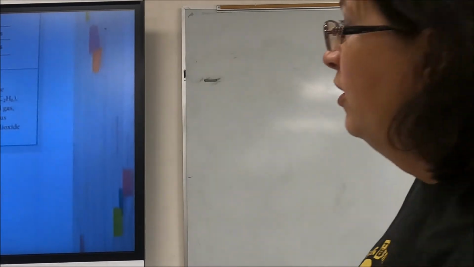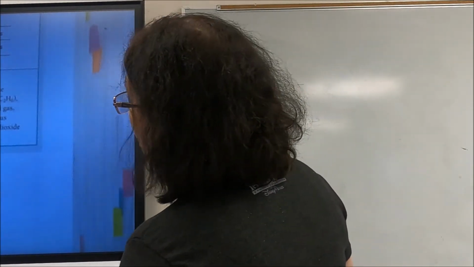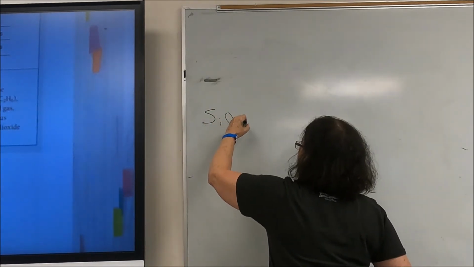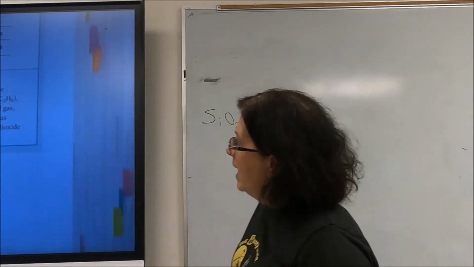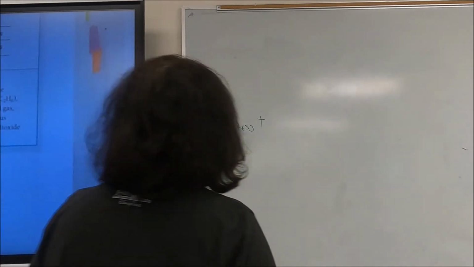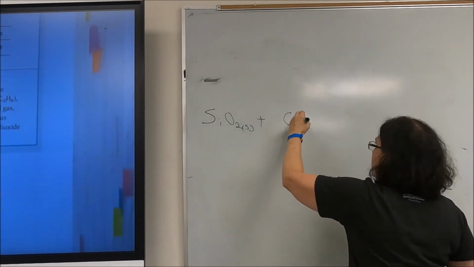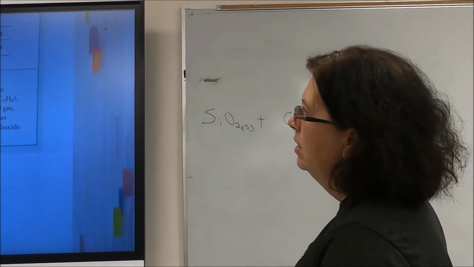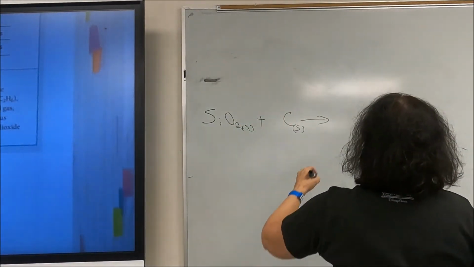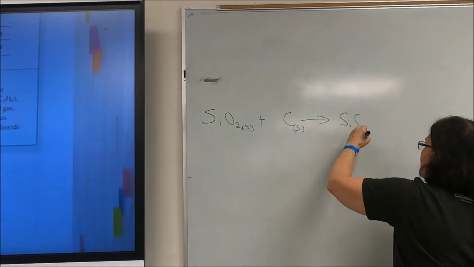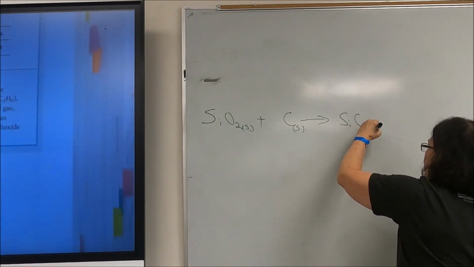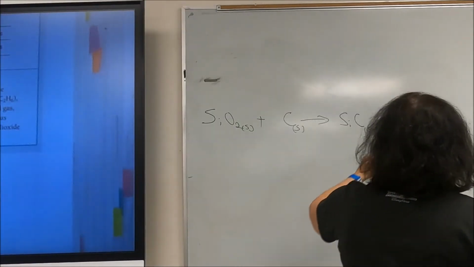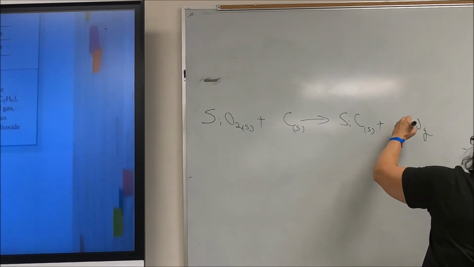If we look at the words here, it says that we're starting out with solid silicon dioxide, SiO2, solid, and it's reacting with solid carbon. And we're going to make silicon carbide, solid, and carbon monoxide gas.